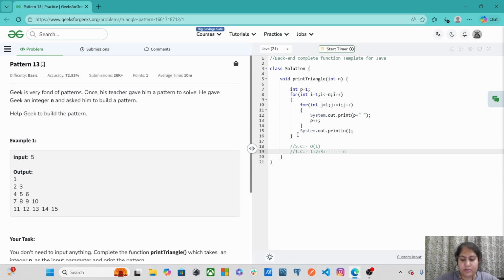So what would be the time complexity? It would be n into n plus 1 divided by 2. That is an arithmetic progression, and it is equal to big O of n square. Got it guys? Hence our time complexity is big O of n square as usual.